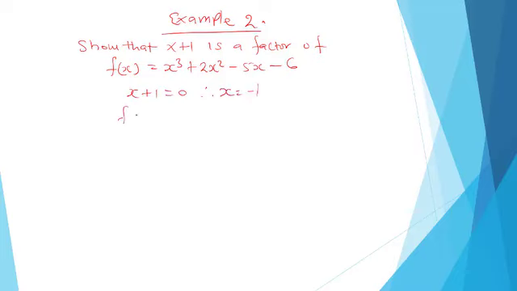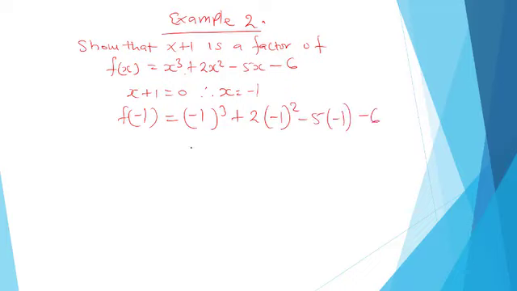So you look for f(minus 1). If f(minus 1) gives us 0, then x plus 1 is a factor of this polynomial. So we have (minus 1)^3 plus 2 in bracket (minus 1)^2 minus 5 in bracket minus 1 and minus 6.